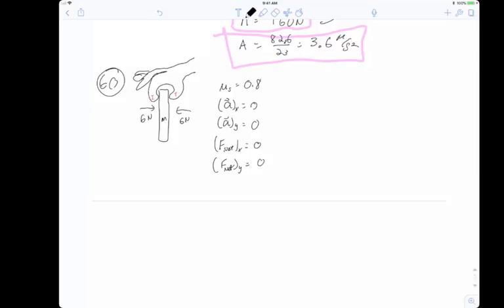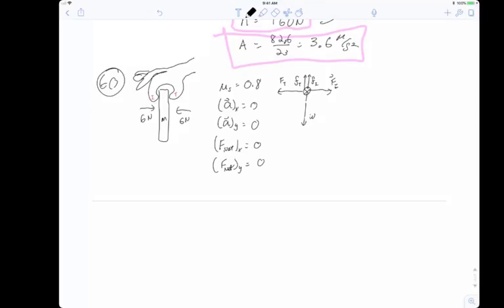Okay. Let's draw all the forces. There's the force from the index finger. There's the force from the thumb. There's the weight. There's the gravity. There's the friction from the thumb. And then there's friction from the index finger.